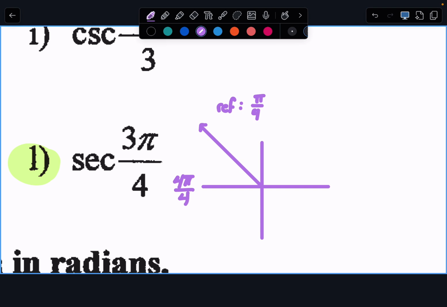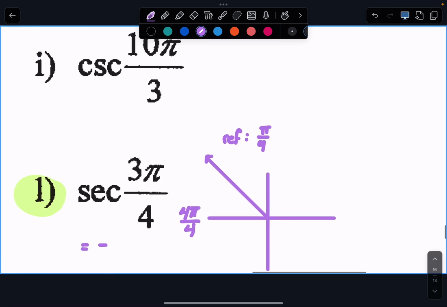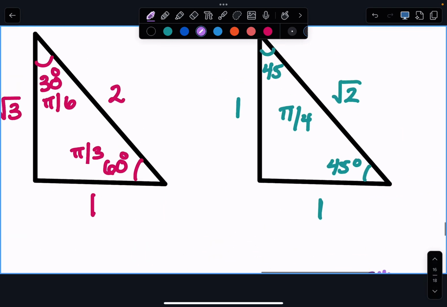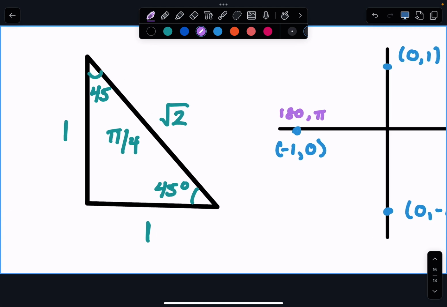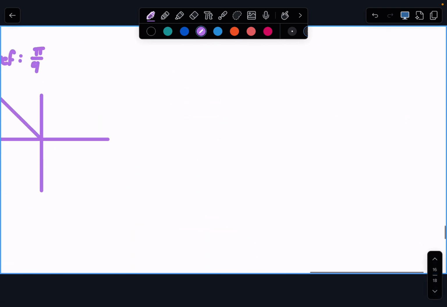Cosine, positive or negative? Negative. Okay, so we're going to go to our triangles and we're going to go to the 45 one. And we're doing, the reciprocal of secant is cosine. So what is the cosine of pi over 4? Yeah. What is it? The cosine. 1 over square root of 2, and then we're going to flip it and get square root of 2.